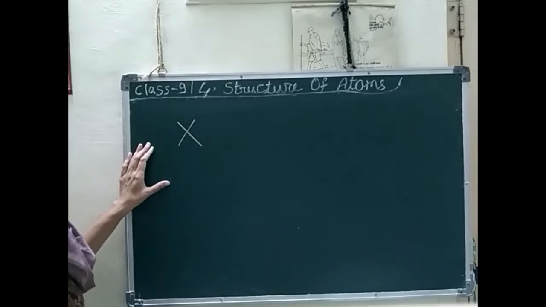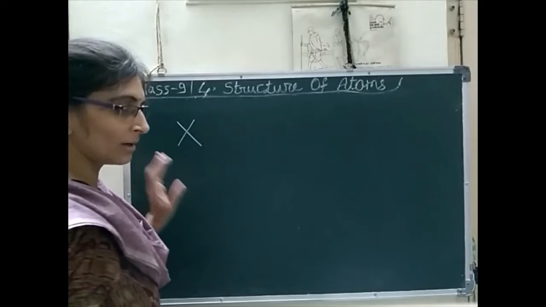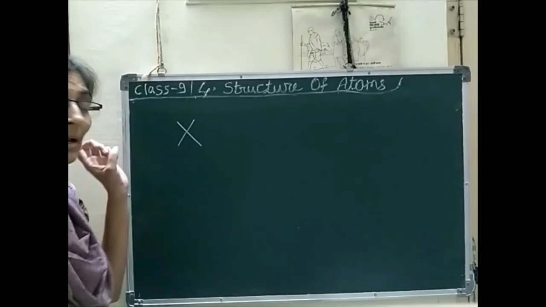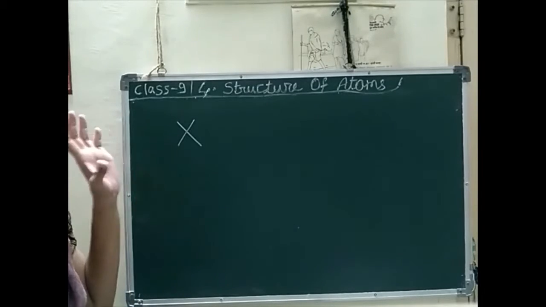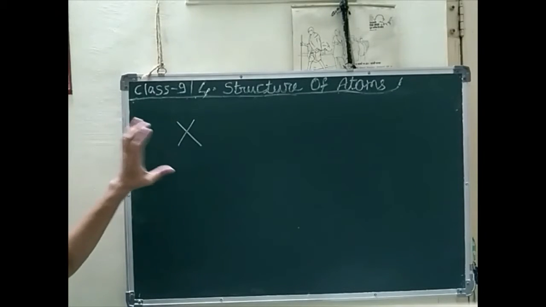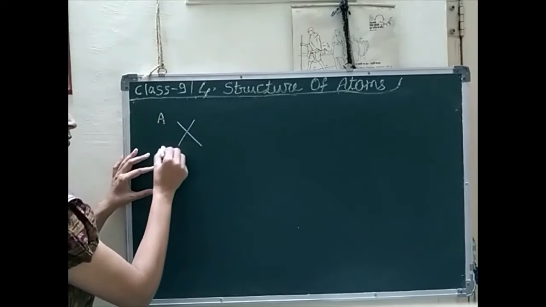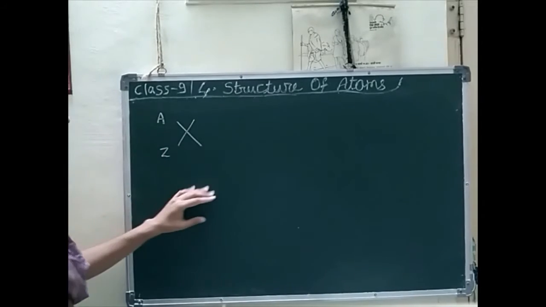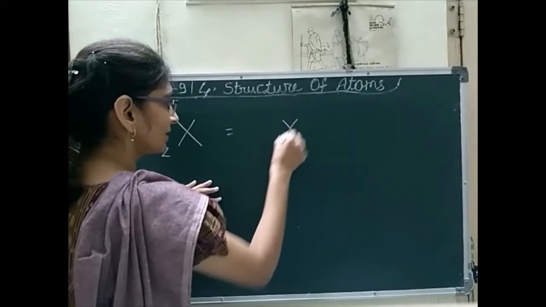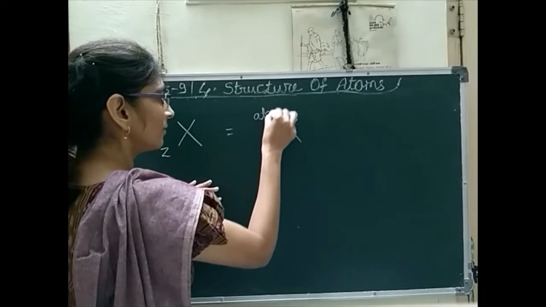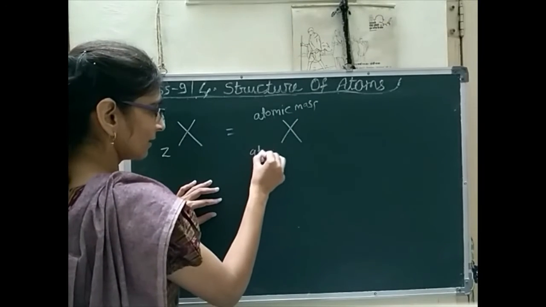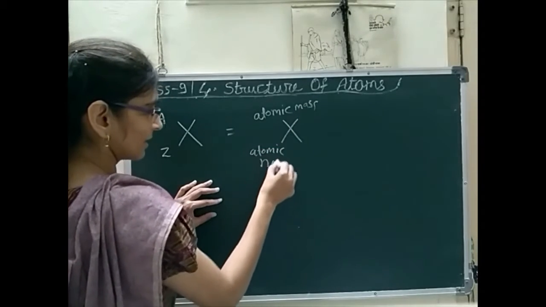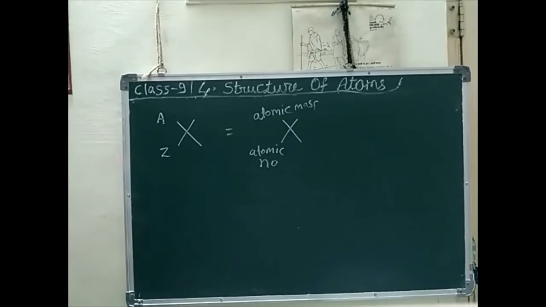We write the atomic mass A at the top and the atomic number Z at the bottom.